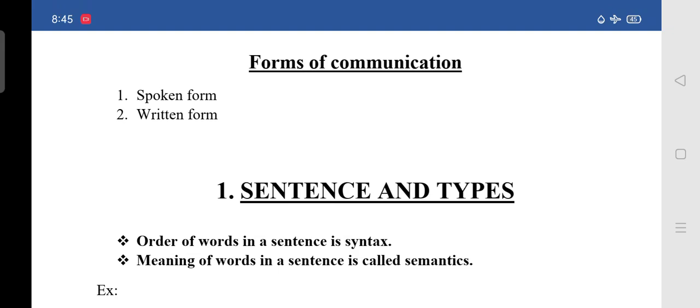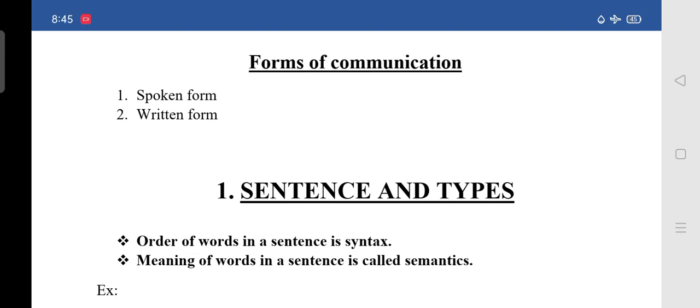And the forms of communication are, as I have given here, spoken form. Under spoken form we get sound, syllables, cluster, meaning group of words, segment, and speech pattern.